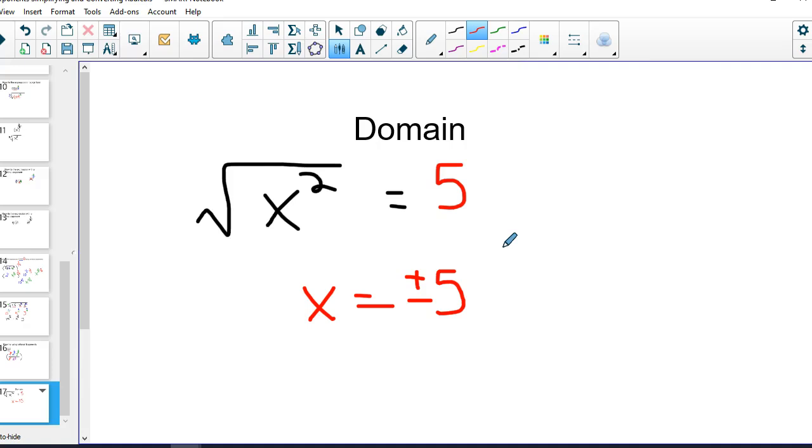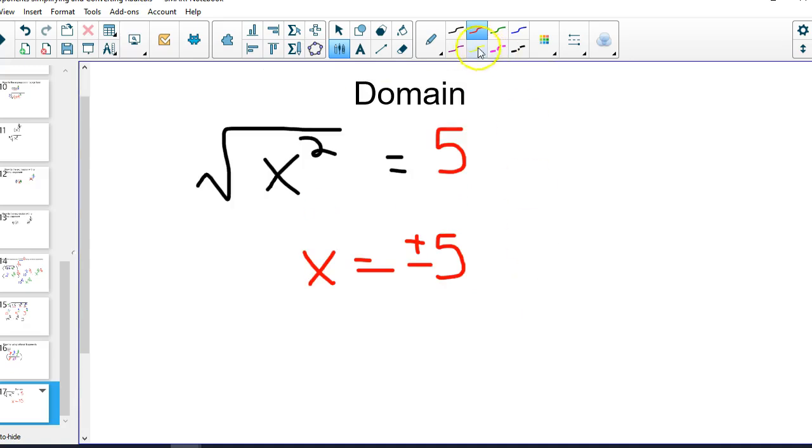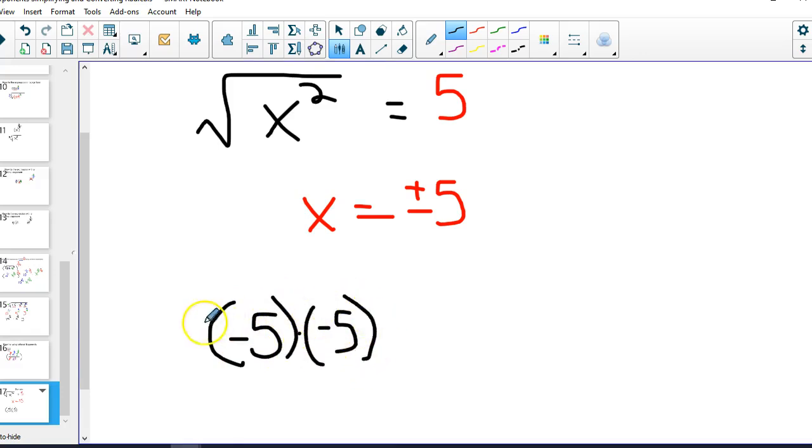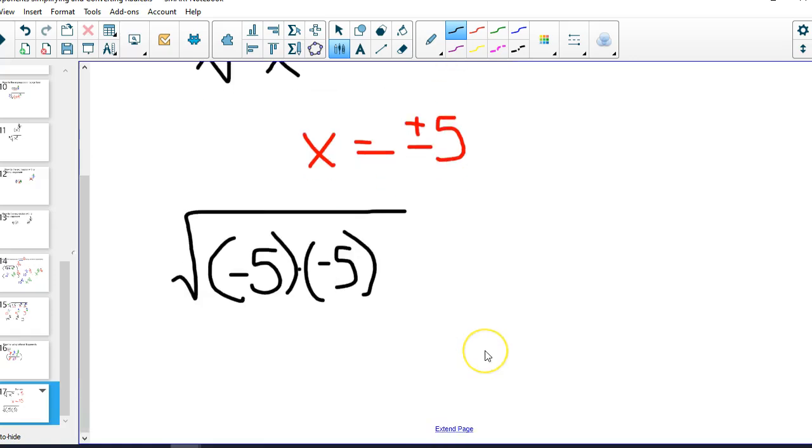So what's happening here is if I had a negative value in for x, say we'll look at the negative 5 here. Well, negative 5 times negative 5, take the square root of that. Well, negative 5 times negative 5 is 25, and my square root of 25 is equal to 5.